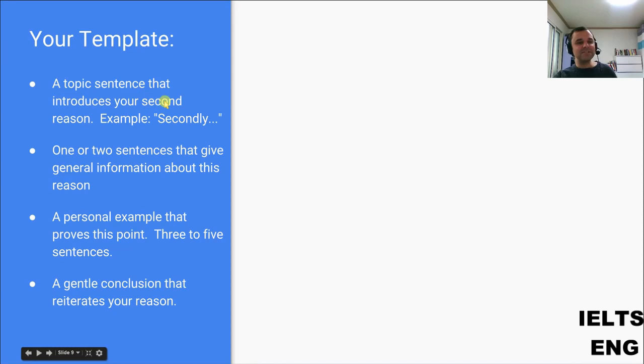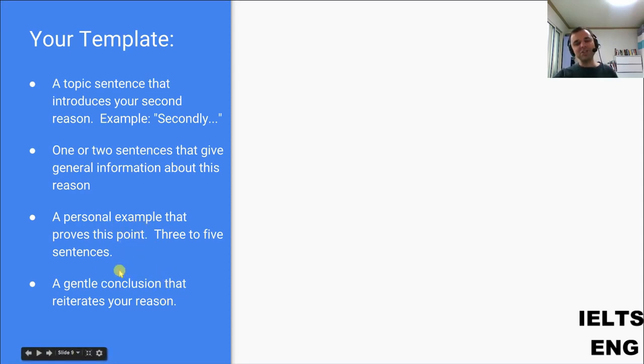Start with a topic sentence. It should begin with something like secondly, furthermore, moreover, something like that. Continue with 1 or 2 sentences that give more information about the reasoning. Continue with a personal example that proves the point. And then conclude it with a little gentle, soft conclusion.